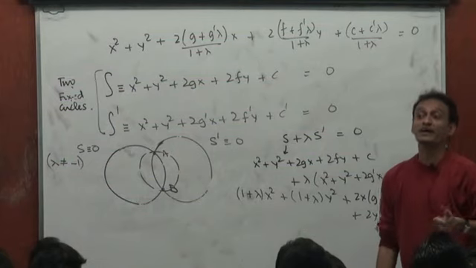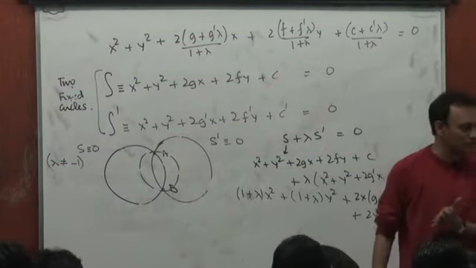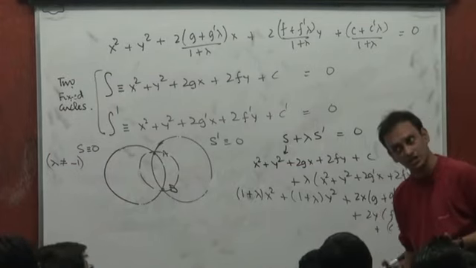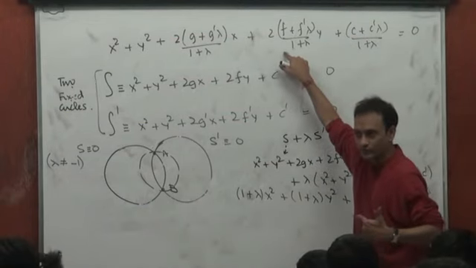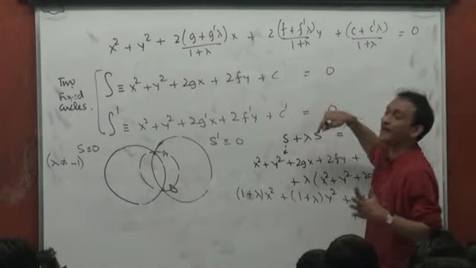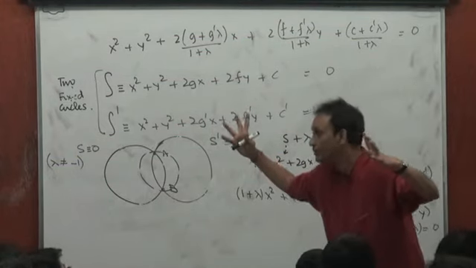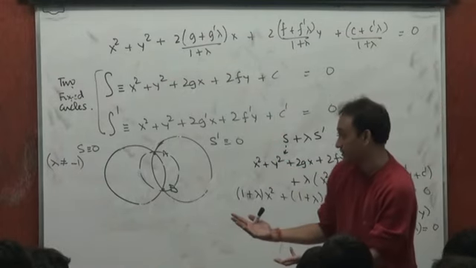S plus lambda S prime equal to 0 represents a circle. If S equal to 0 is a fixed circle, S prime equal to 0 is a fixed circle, then S plus lambda S prime equal to 0 will represent a circle. For different lambdas, you get different circles out of it, right? So S plus lambda S prime equal to 0 represents for sure a bunch of circles. I do not know whether it's a family or not, because with a family I must identify a common trait.